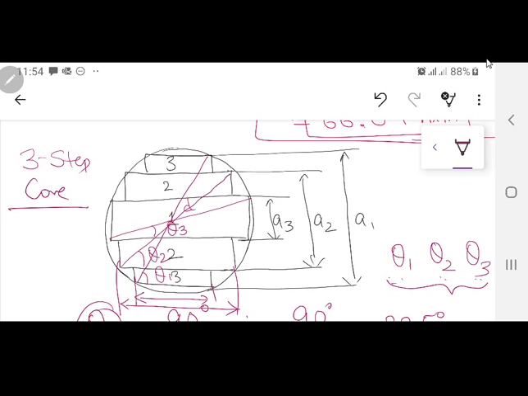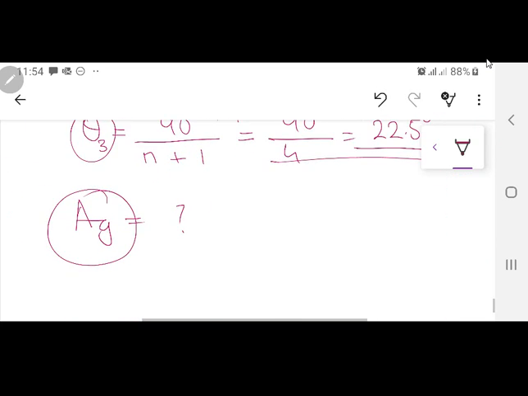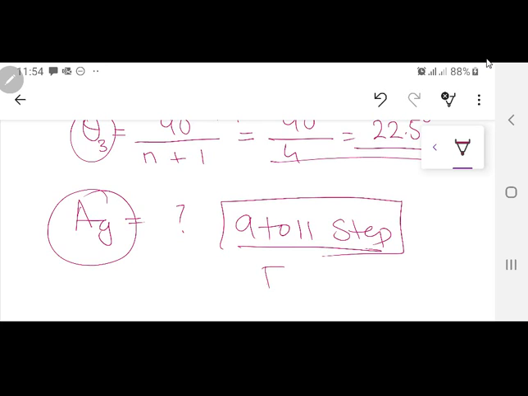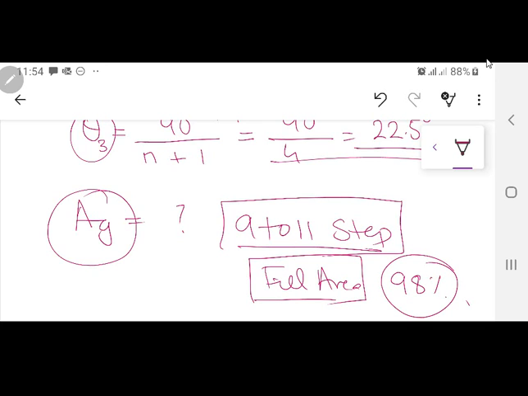And for a 3-step core, the fill area, as I told you previously also, is equal to 84%. Now practical transformers don't go for 2-step or 3-step cores. They normally go for 9 to 11-step cores, and in those cases the fill area, which means the area covered by that core on that circle, is actually up to 98 to 99%.